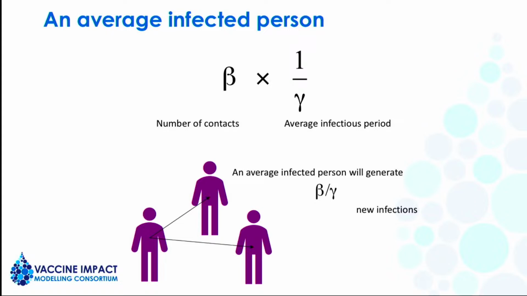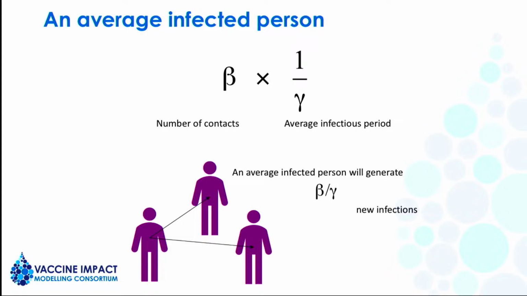So we know that on average, they will be infectious for 1 over gamma. This is their average duration of time in the infected class. That's our kind of average infectious period. Here, we're going to define beta as the number of effective contacts. Maybe it's the number of efficient transmission events that they can do per time.